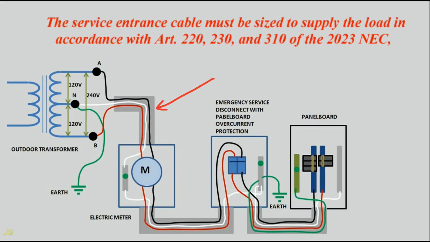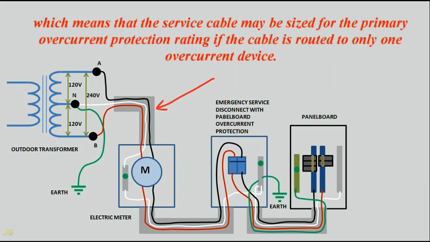The service entrance cable must be sized to supply the load in accordance with Article 220, 230, and 310 of the 2023 NEC, which means that the service cable may be sized for the primary overcurrent protection rating if the cable is routed to only one overcurrent device.